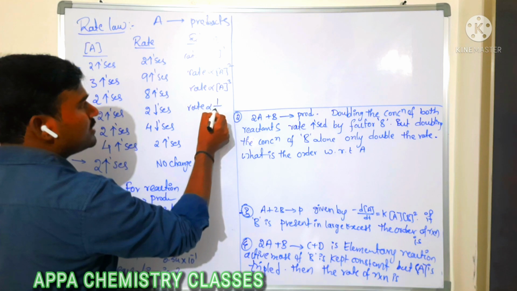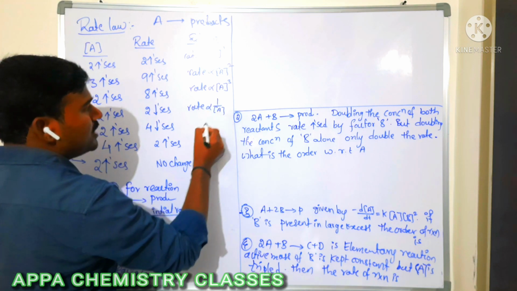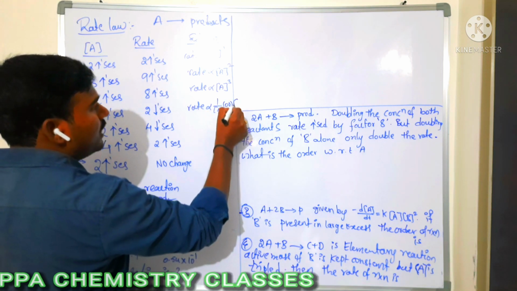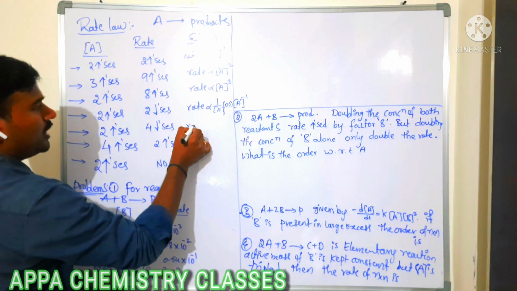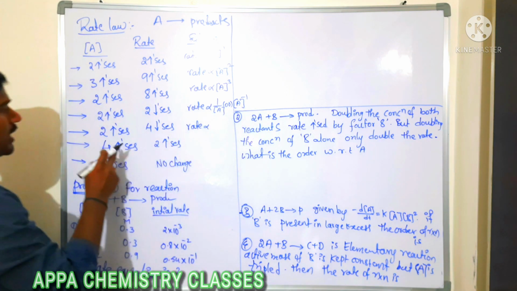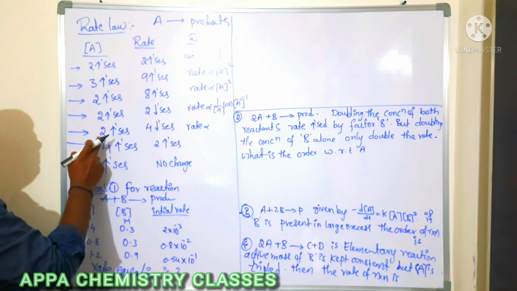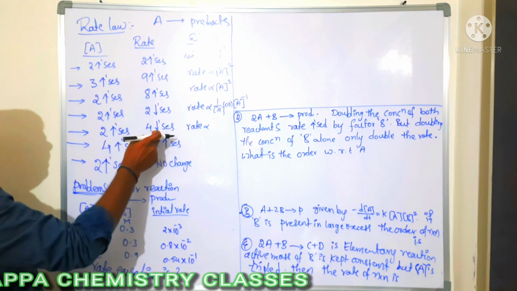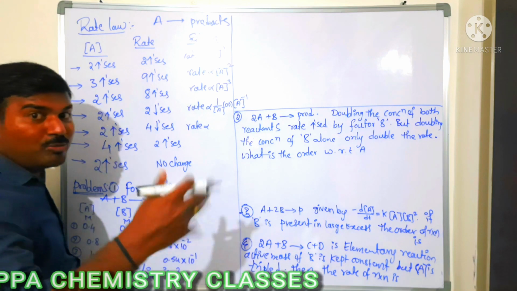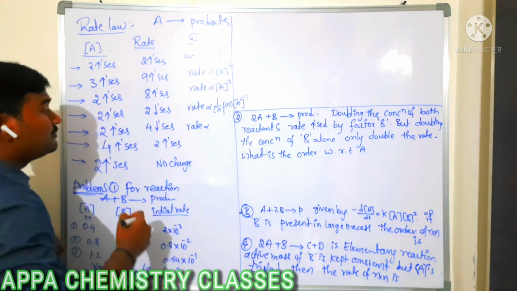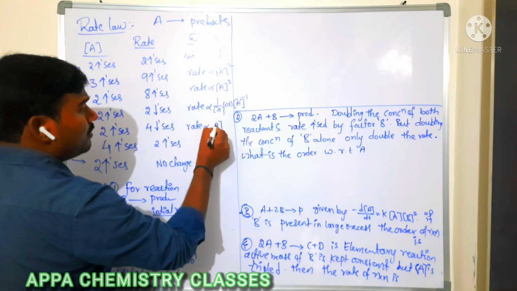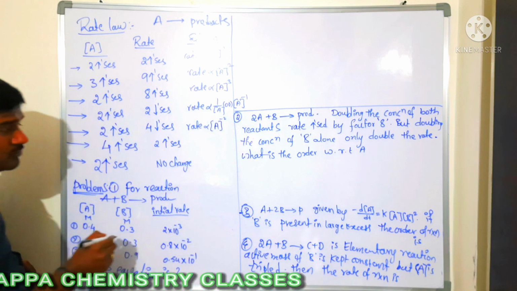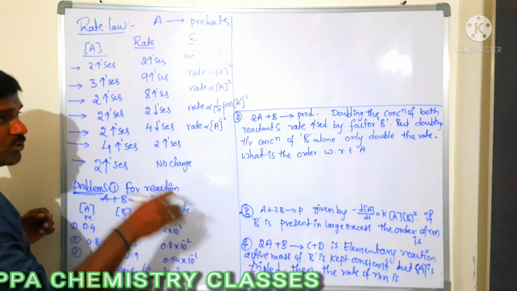We can write it as 1 by concentration of A, or you can write it as A power minus 1. And also you can take here, concentration of reactant increased 2 times, but rate is decreased by 4 times. In this case, we can write it as A power minus 2, so 1 by A squared it is.